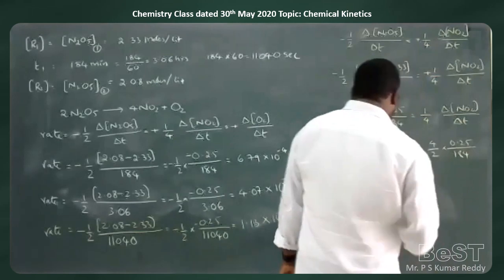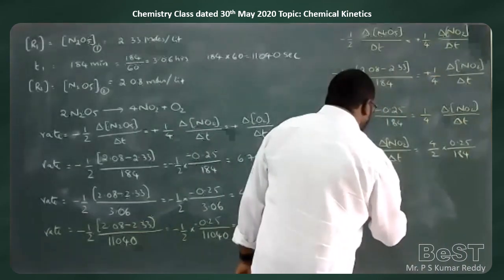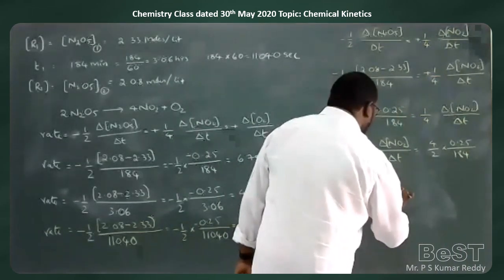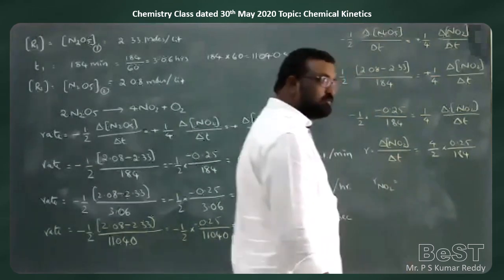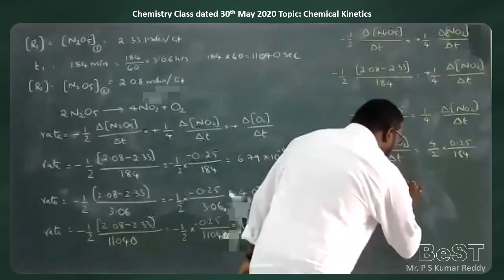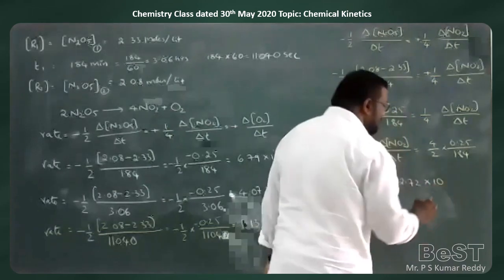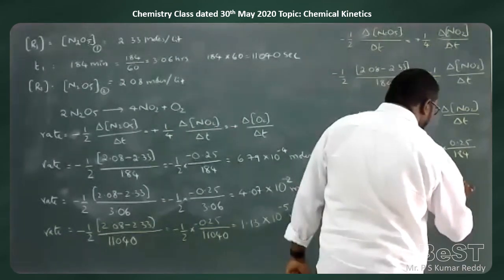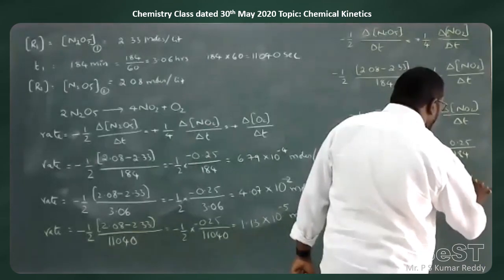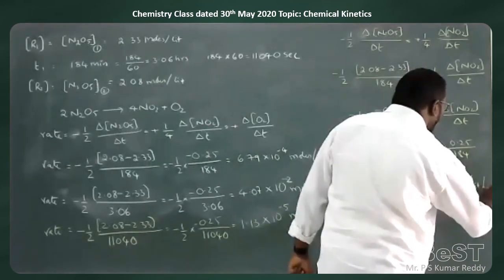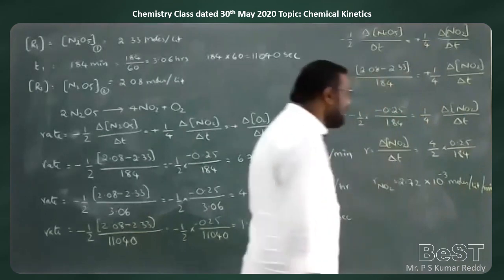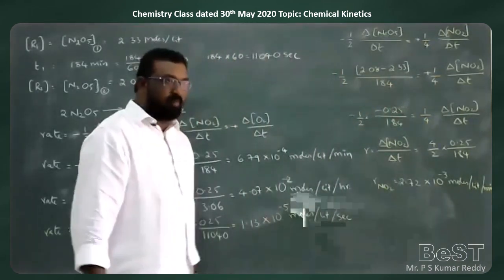Therefore, rate with reference to NO2 equals 2.72 into 10 to the power of minus 3 moles per liter per minute, because here the time we are taking in minutes, 184 minutes.